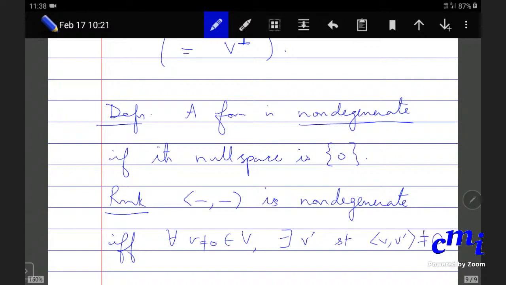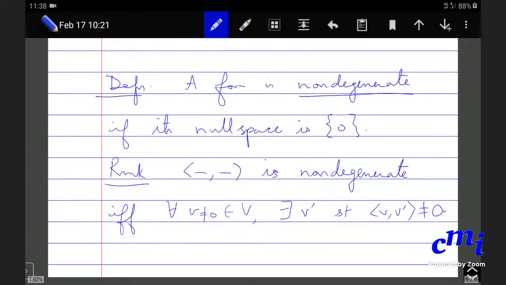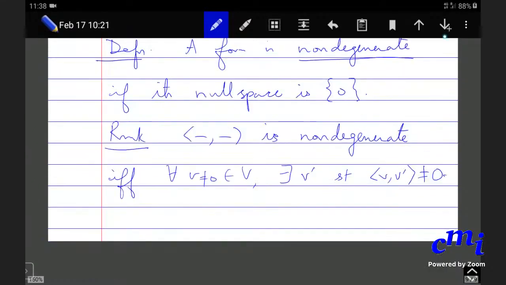So this is non-degenerate. Okay. So one more definition and one lemma, and I will stop. But please read and think about these things.